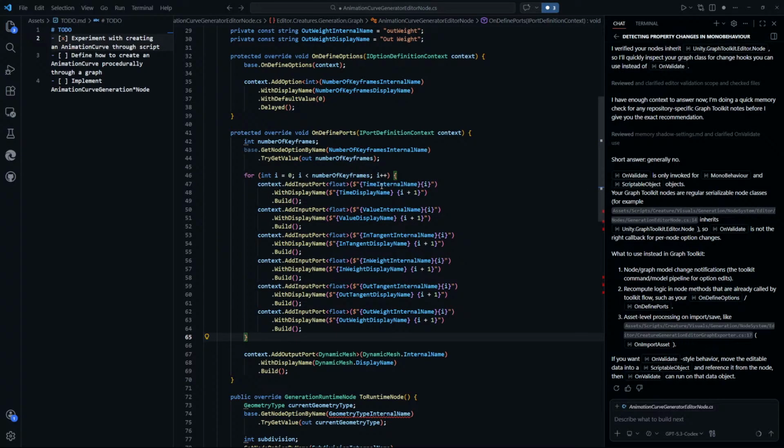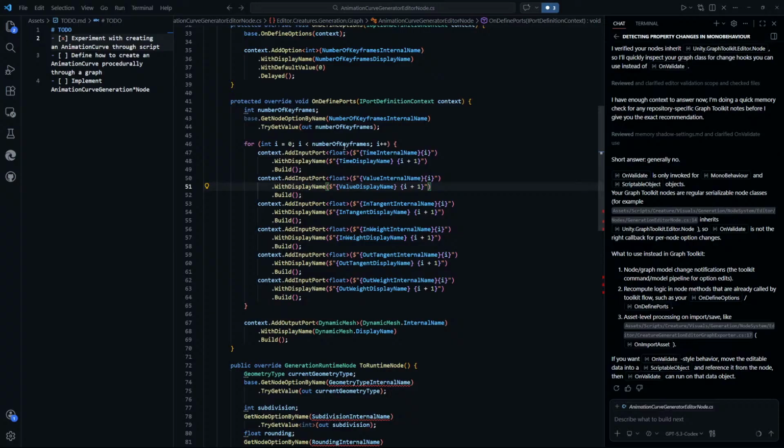Hell yeah. Let's see if this is correct. Time, value, in tangent, in weight, out tangent, out weight. I'm okay with that. And we're gonna fix the runtime node eventually.